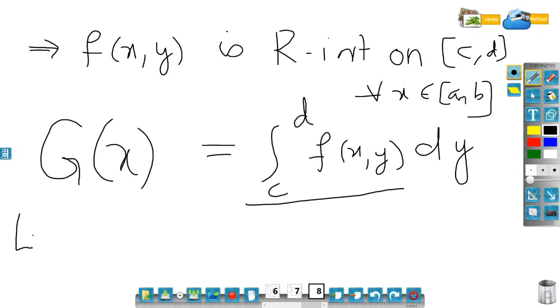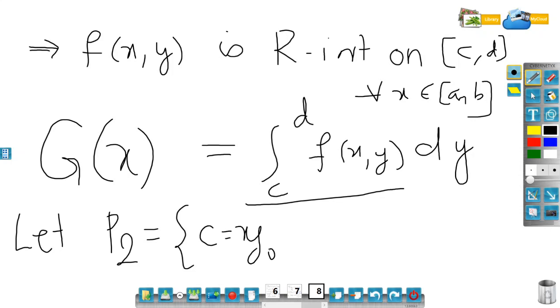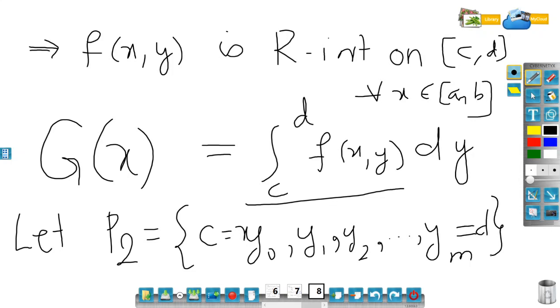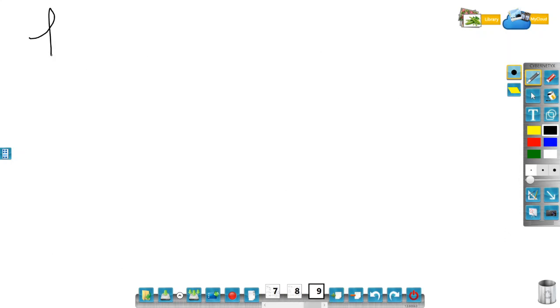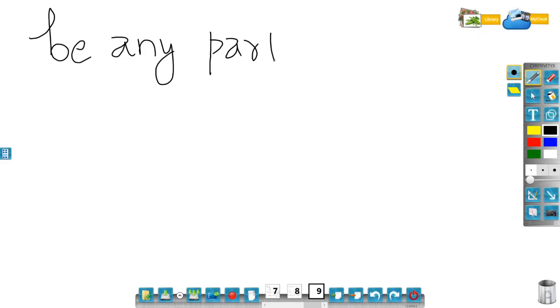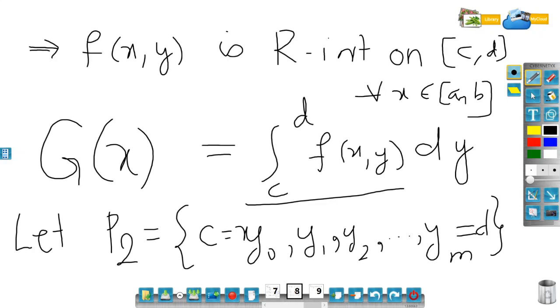So let p2 be a partition from c to d: c, which is equal to y0, y1, y2, dot dot dot, ym equal to d, be any partition of the closed interval [c, d].